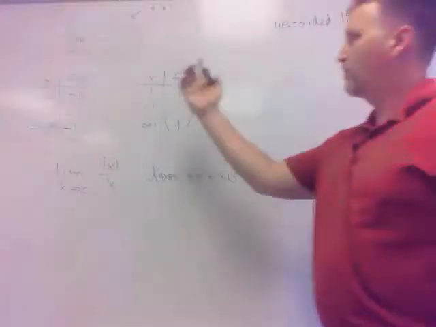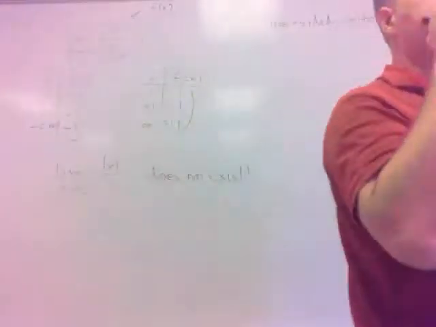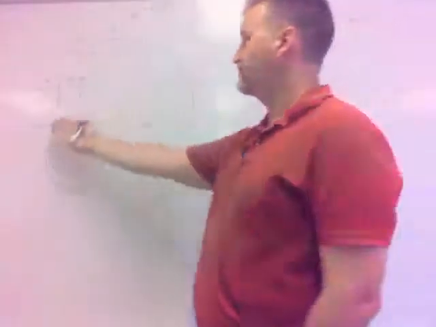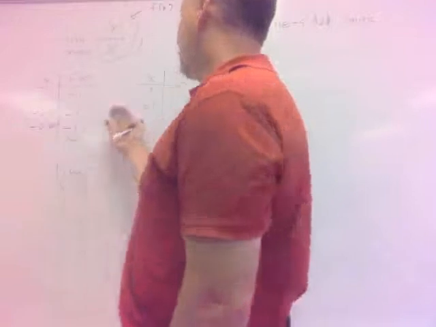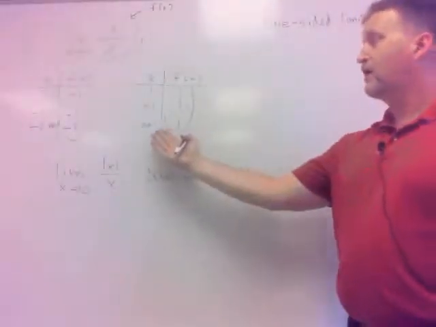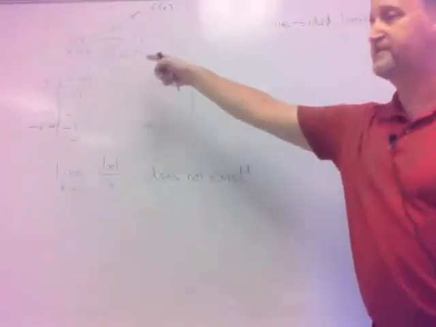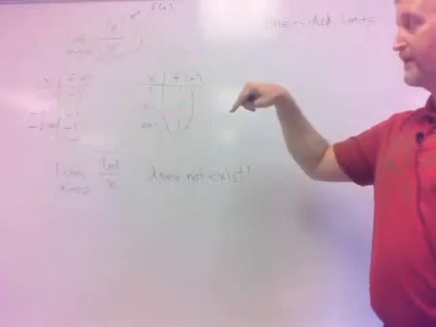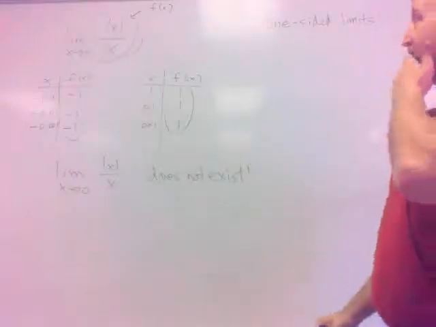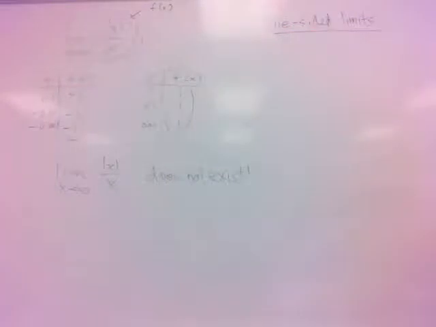What we refer to these sides, the below side is usually referred to as the left side. So this is as x approaches 0 from the left, and then for obvious reasons we would say this is as x approaches 0 from the right. So what we can say is that the limit of this function does exist from the left. It has a value, and from the right it has a value. It's just that the two don't match. So we can break it up into one-sided limits and then give values there. Here's the way we do that.